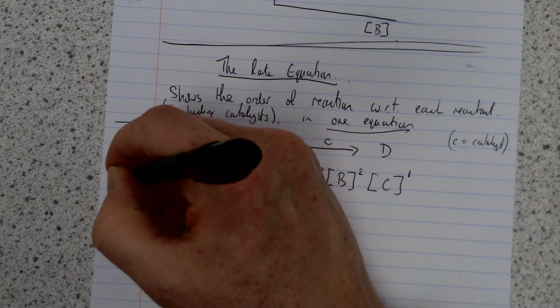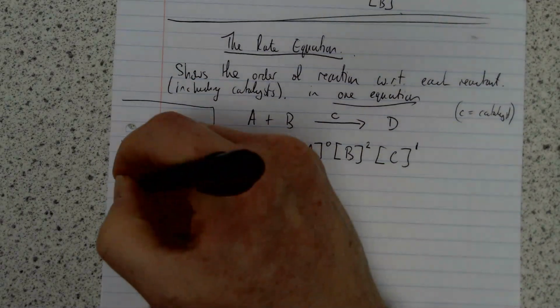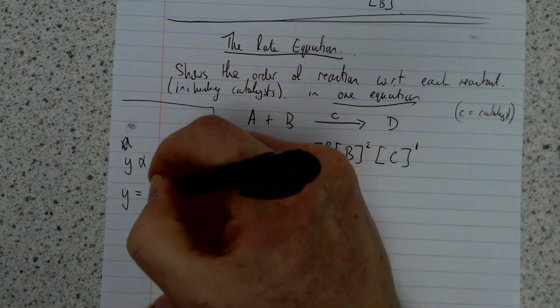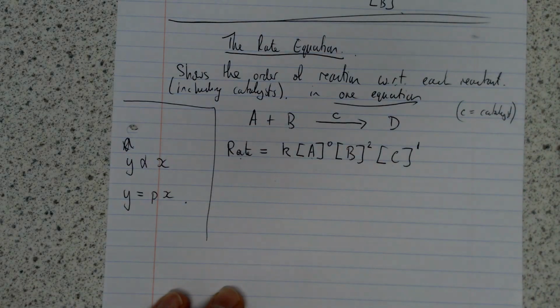If I say y is proportional to x, we can say that y is equal to some constant times x. I'm going to call the constant p for whatever reason. You're happy, you've seen that sort of stuff before, right? So that's what I'm doing here.